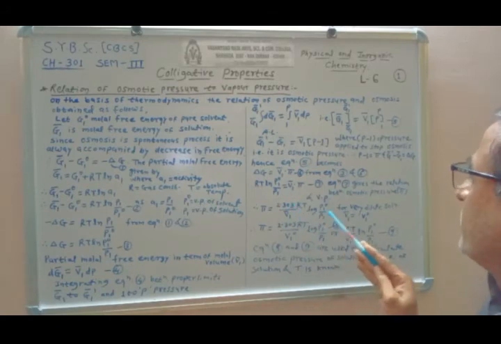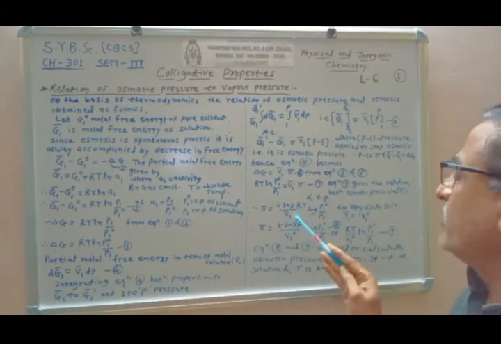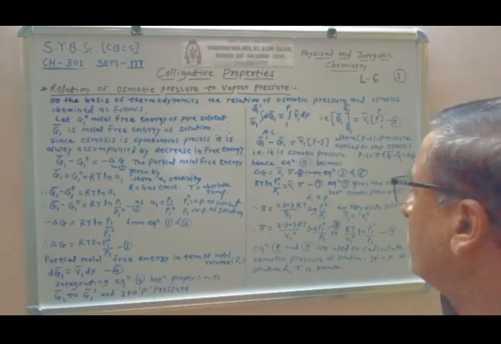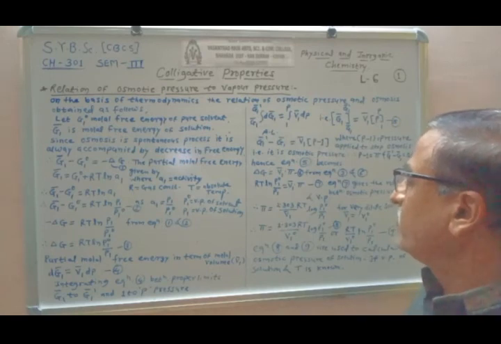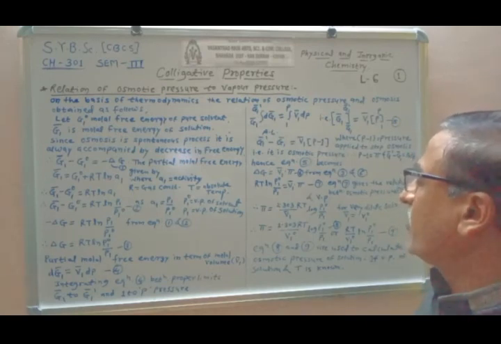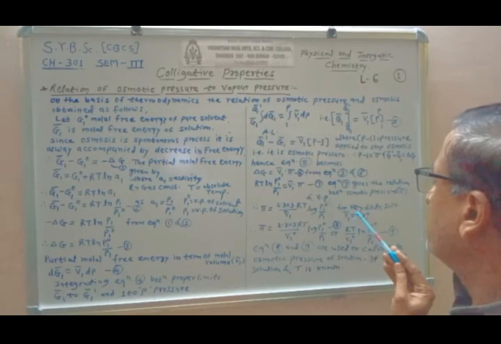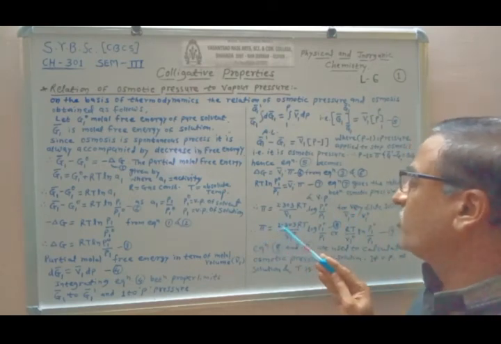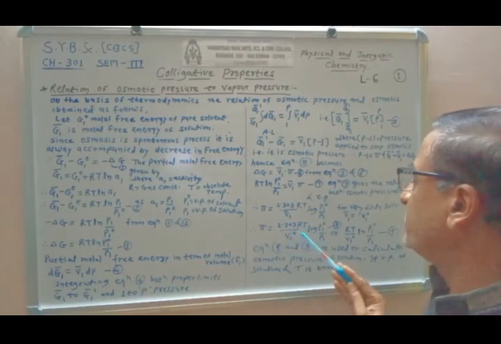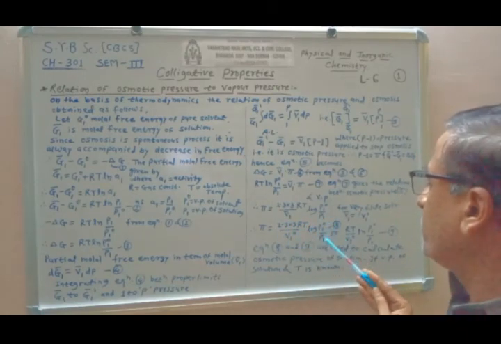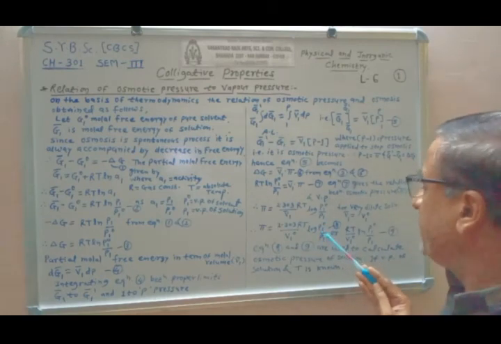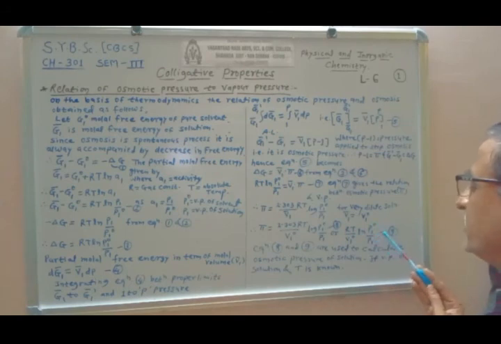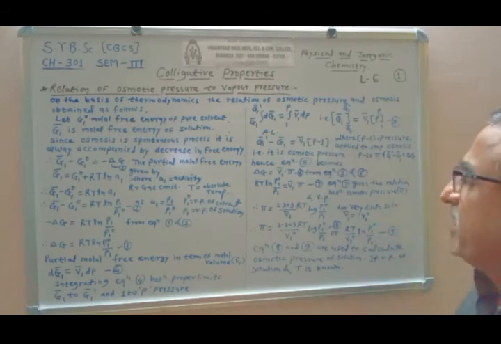For a very dilute solution V1 bar must be equal to V1 0, where V1 0 is the molar volume of pure solvent and V1 bar is the molar volume of solution. For a dilute solution these are both equal. So this equation becomes pi is equal to 2.303 RT upon V1 0 log of P1 0 upon P1, equation number 8, or pi is equal to RT upon V1 0 ln of P1 0 upon P1, equation number 9, without changing the base.